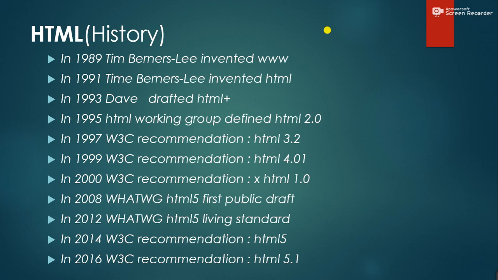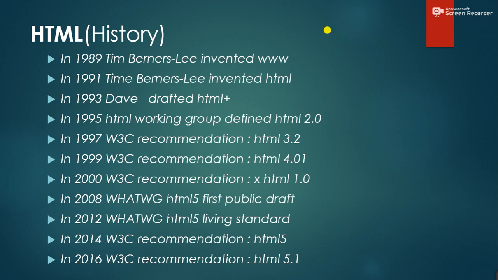In 2000, W3C recommended XHTML 1.0. In 2008, WHATWG created HTML5, the first public draft of HTML5 with some more features. In 2012, WHATWG created the HTML5 living standard, with some more libraries in HTML.